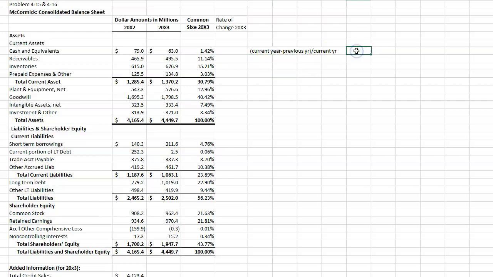For this first one, this would be 79 minus 63 divided by, actually it's divided by the first year. And let's go back and fix this little thing too, because this should be the previous year.